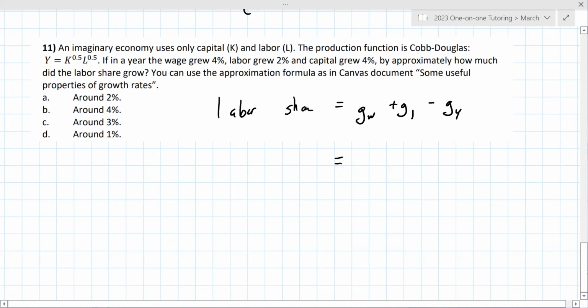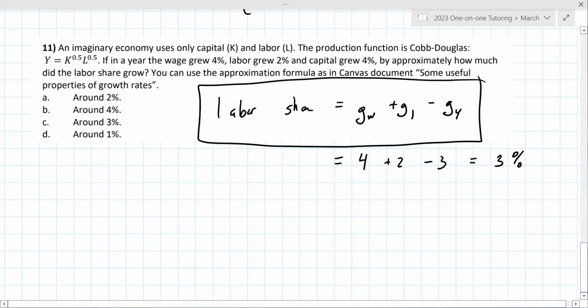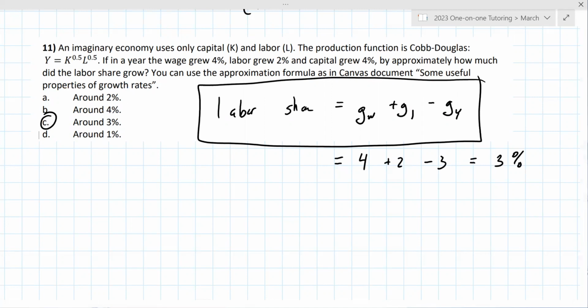So there's a bunch that leads into this, but it's 4 plus 2 minus 3 is 3%. But this is probably important to know. Okay, that makes sense. And if I knew nothing about this, I probably would have guessed 3 because it's in between 2 and 4. Yeah.